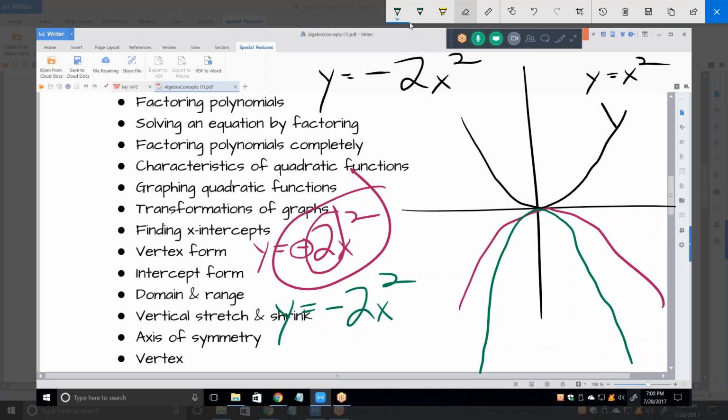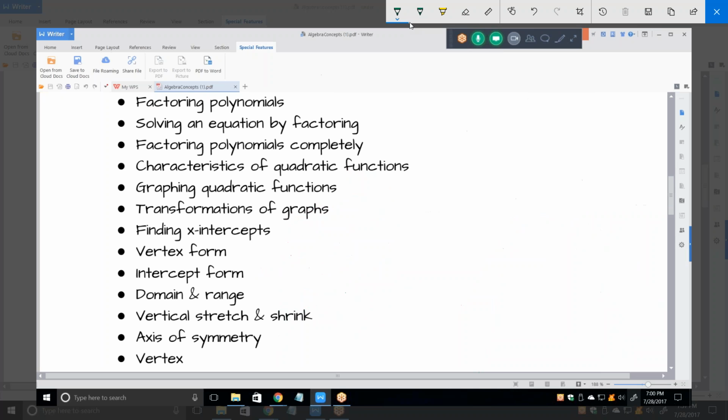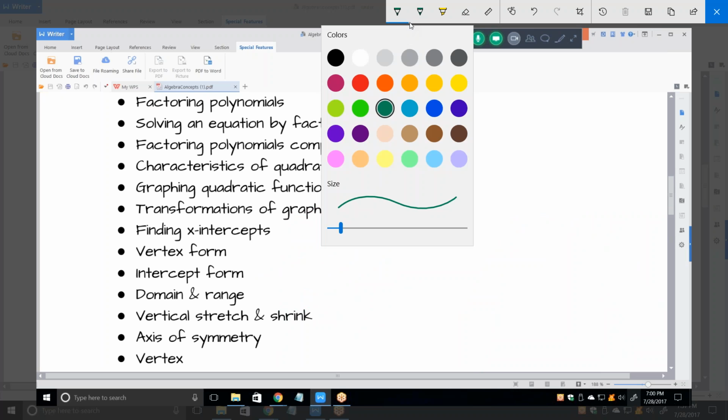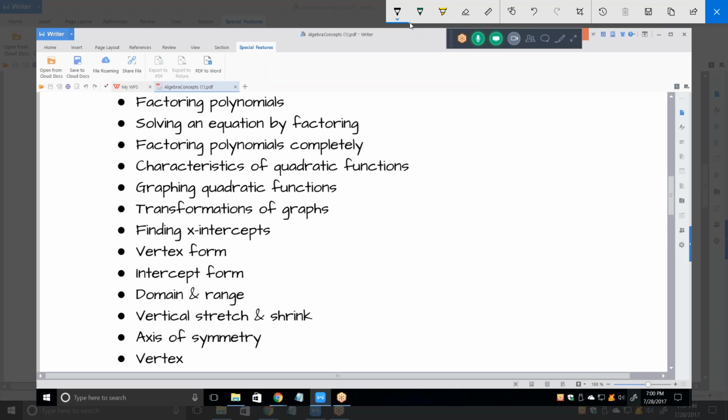With me? Okay. Now, again, let me put the parent function. Okay, so we know what vertical reflections do. We know what vertical stretches do. What's this look like?